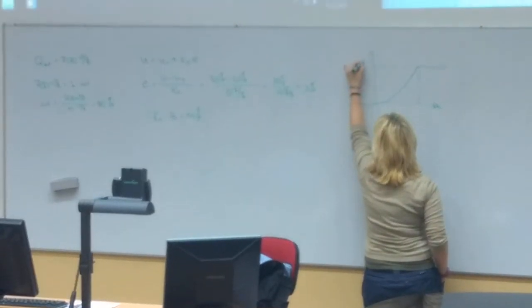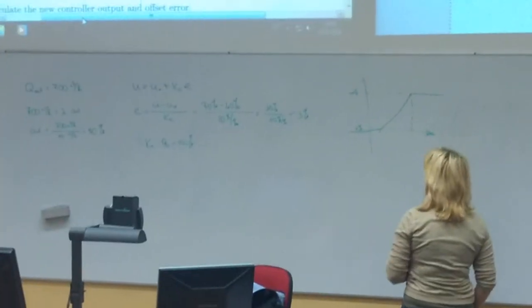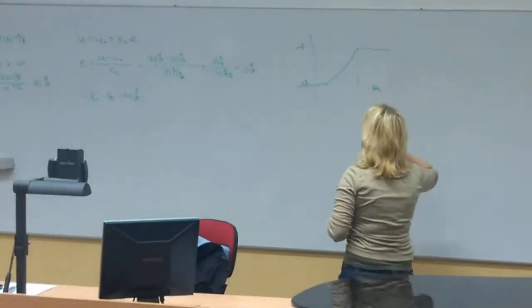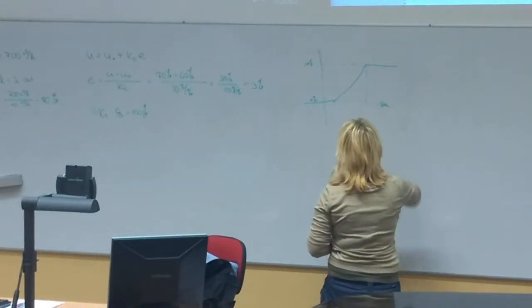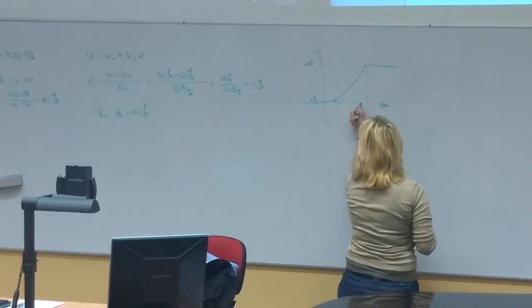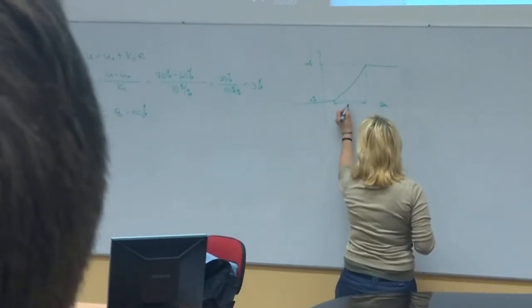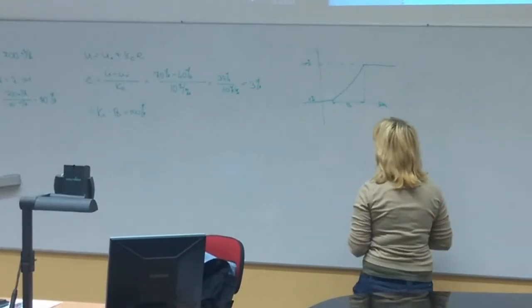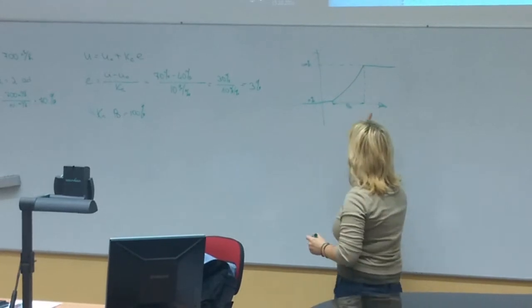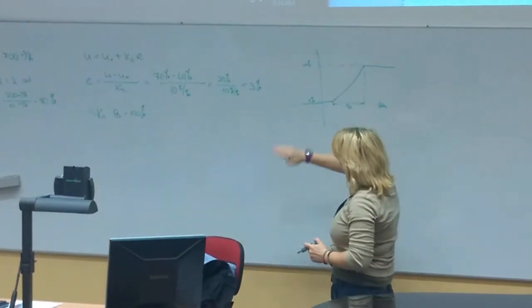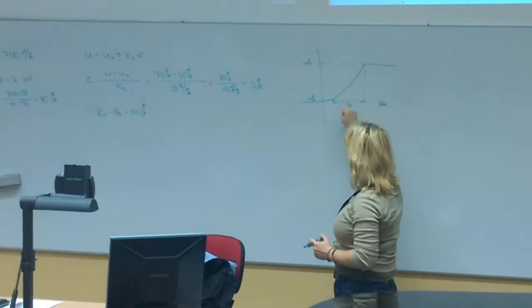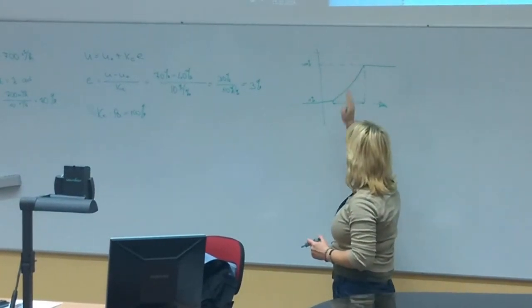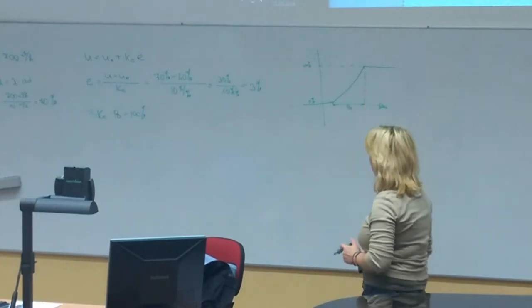This is 100%, this is 0%, and depending on what we would like to get, we can have different parameters here. For example, the proportional band is here. The gain Kc shows what the angle is. So the proportional band and Kc are connected with each other.